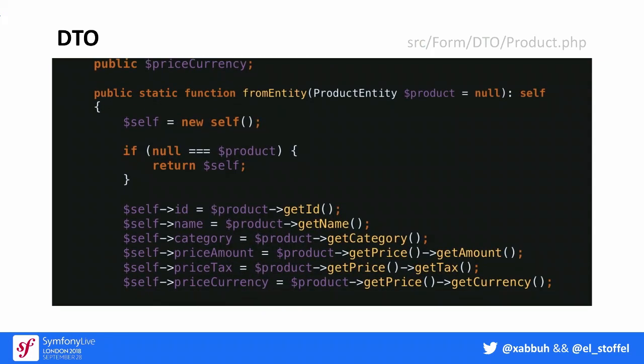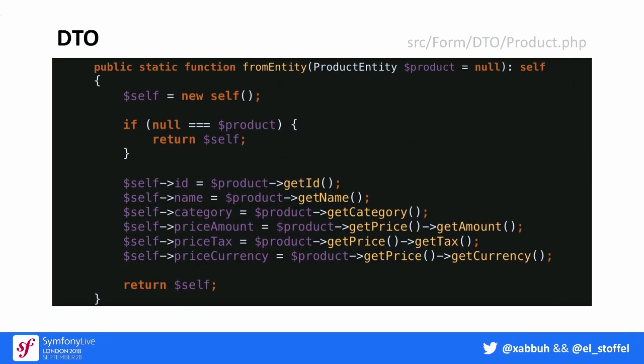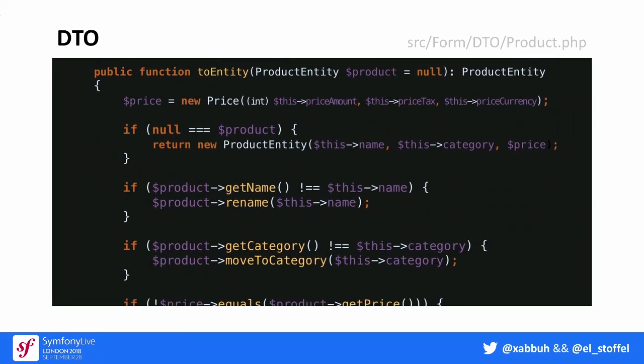And we have one static method called fromEntity, where we have a single argument, which is a product entity, and we are creating a DTO object with a state by an entity.